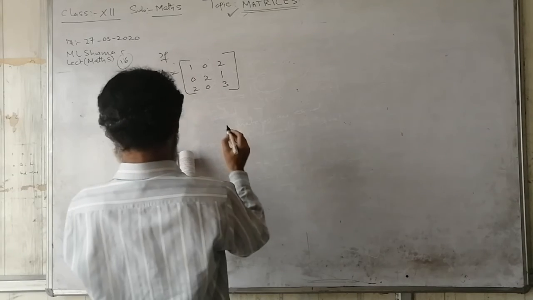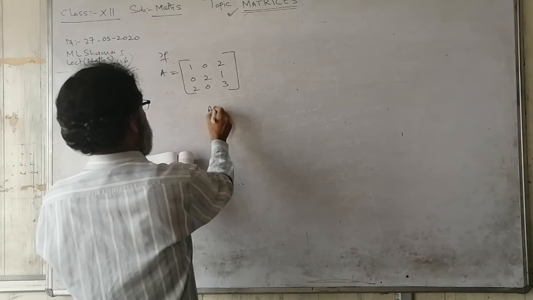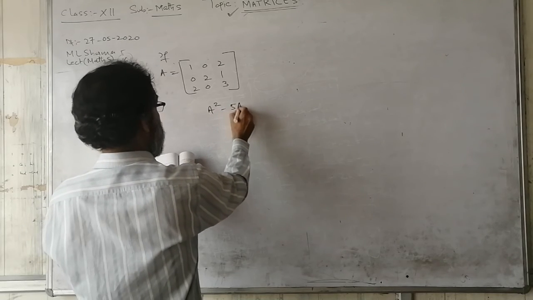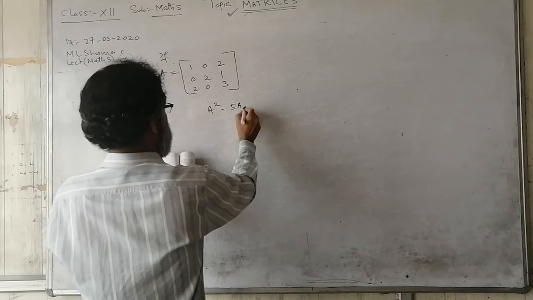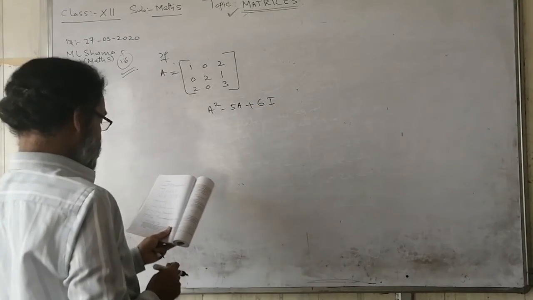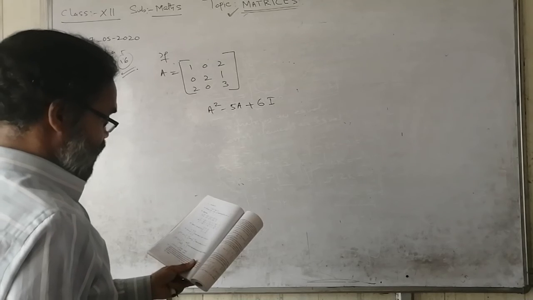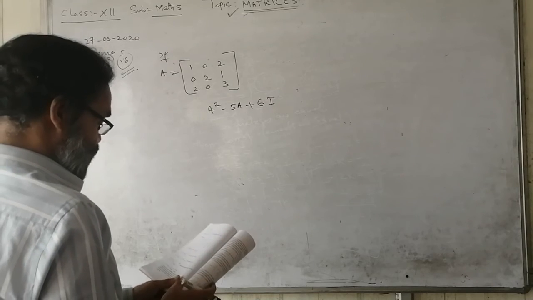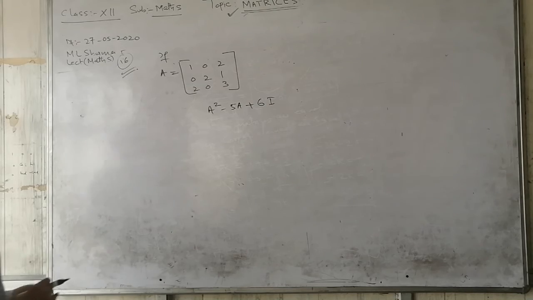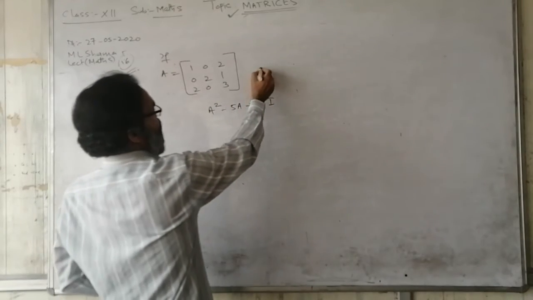and you have to find the value of A square minus 5A plus 6I, where I is the identity matrix. So you have to find its value. This is a simple question. You will do it yourself.